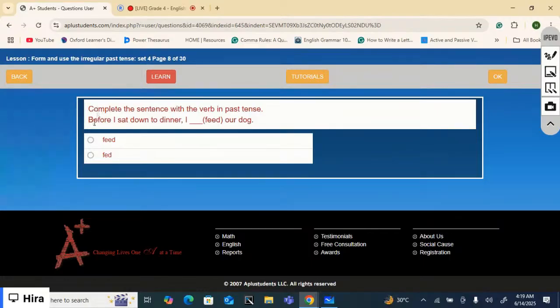We have another one. Before I sat down to dinner, I blank our dog. Feed or fed? Choose the correct verb in past tense.